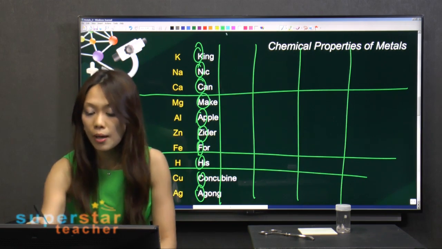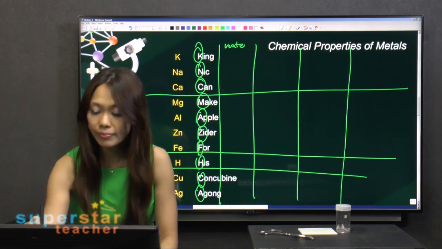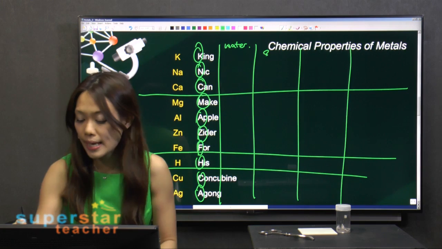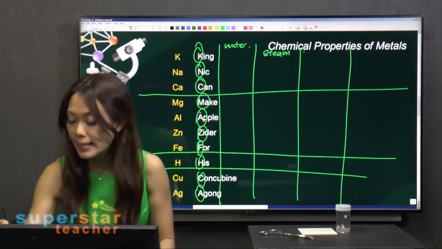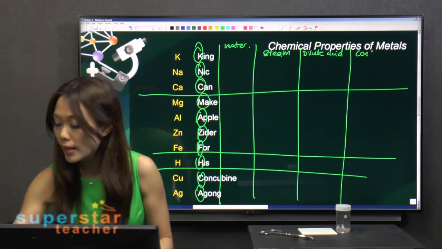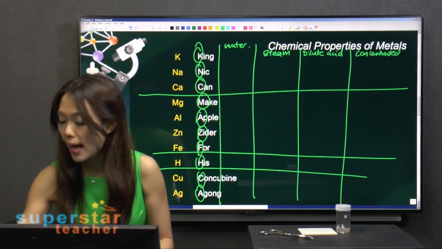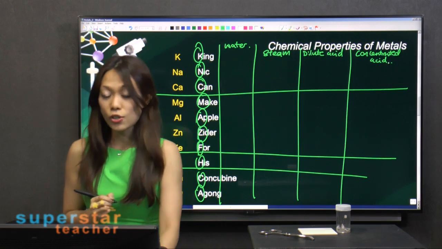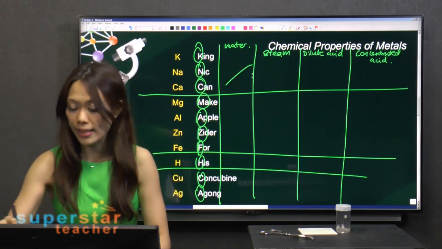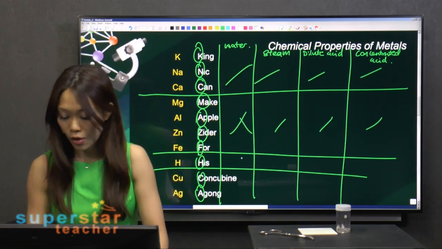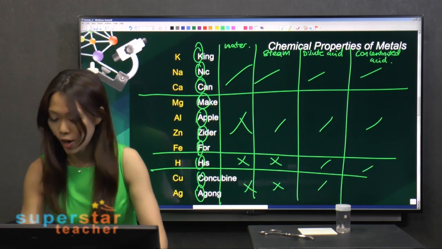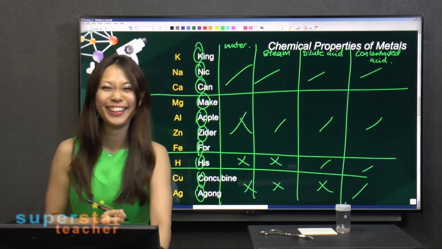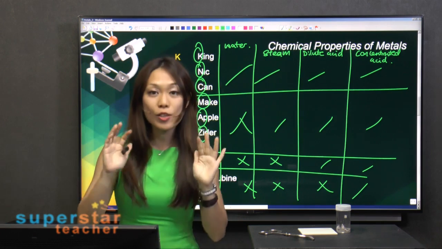First column will be water, followed by steam, followed by dilute acid, and then followed by concentrated acid. So very quickly it will go like this: tick, tick, tick, tick, cross, tick, tick, tick, cross, cross, tick, tick, cross, cross, cross, tick. Voila, very fast, huh? So don't worry, you will get used to it.